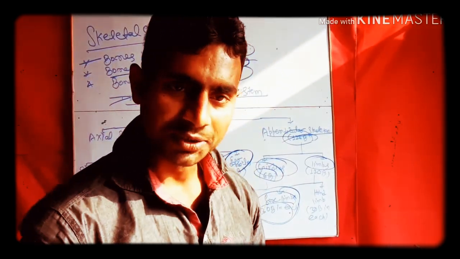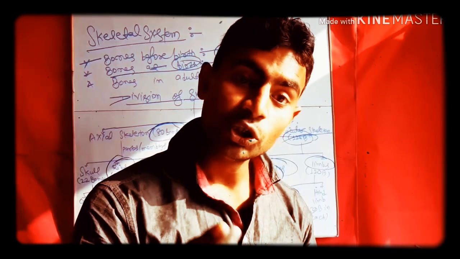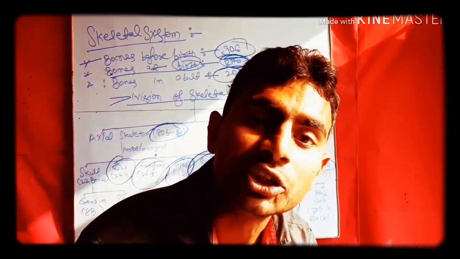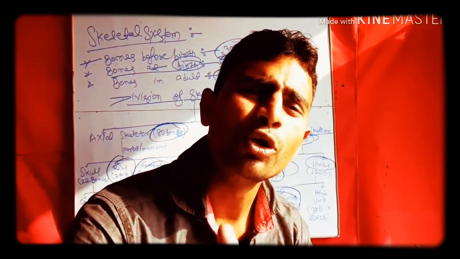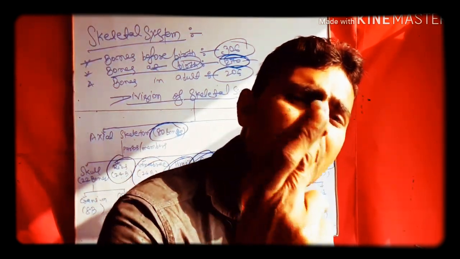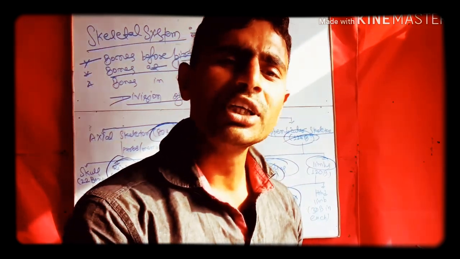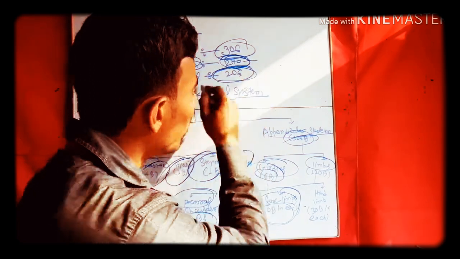But you can understand that due to fusion, many bones fuse with each other. One bone, two bones, three bones fuse with each other, and those bones count as only one bone, not two or three bones. Due to this, the number decreases and in the adult comes to 206.